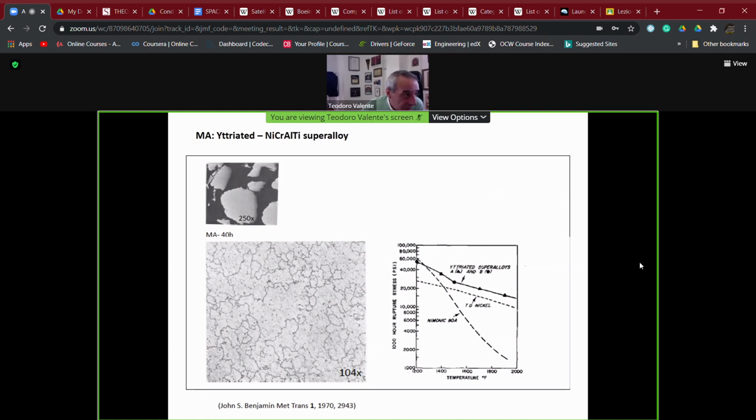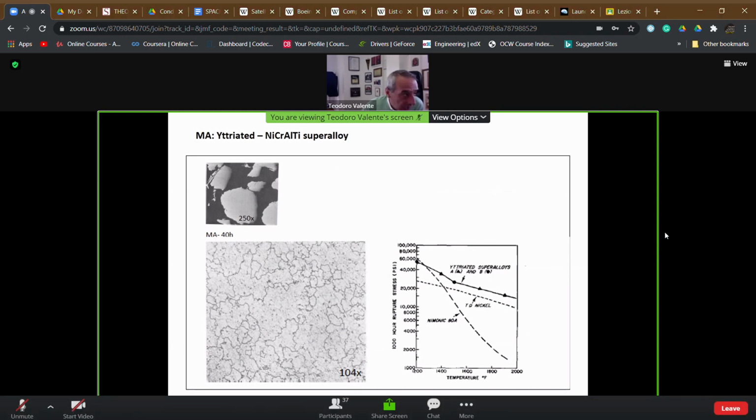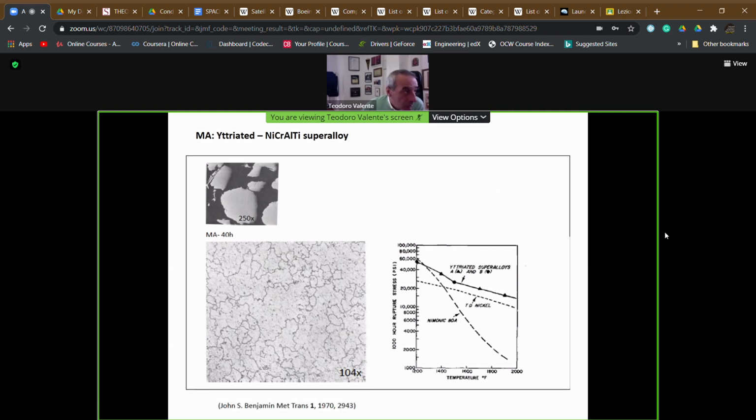Because if, and I want to underline if, we are able to disperse an oxide phase inside a metallic matrix, like in this case, but the oxide phase must have a very, very low size, because it must be considered not as an inclusion, but as a second phase able to interact with dislocation movements.